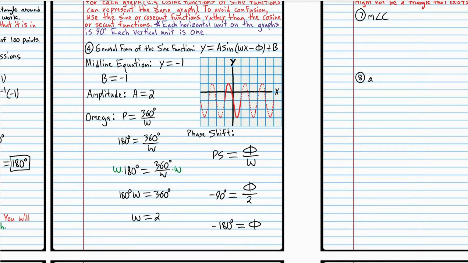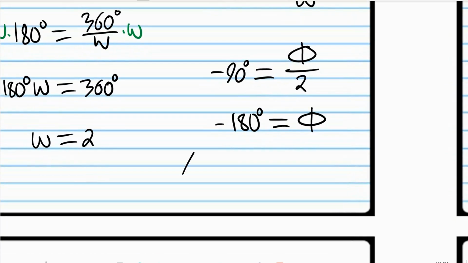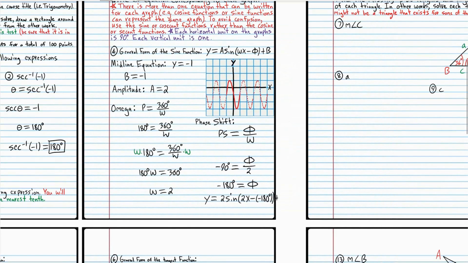So at this point, we're ready to write the equation that we've been looking for. So this is the general form of the equation up here. Y is equal to A, which we found is 2, times sine omega, which we found is 2, x minus plus b, and b is negative 1.